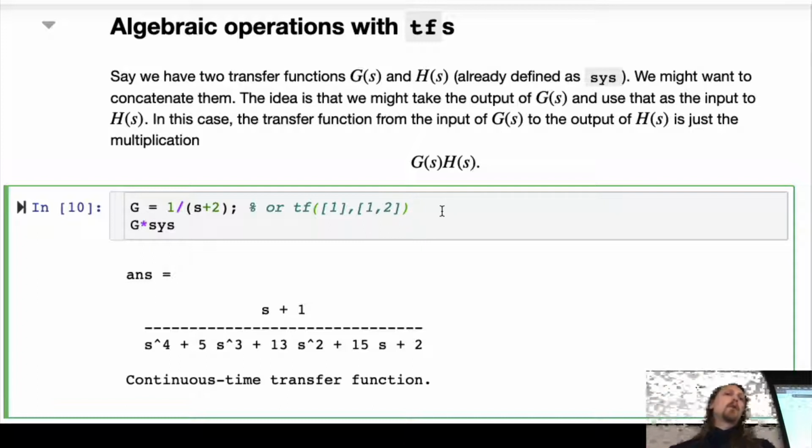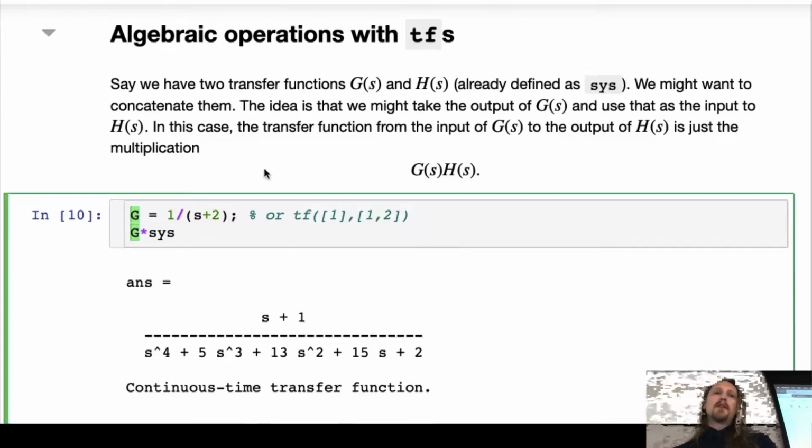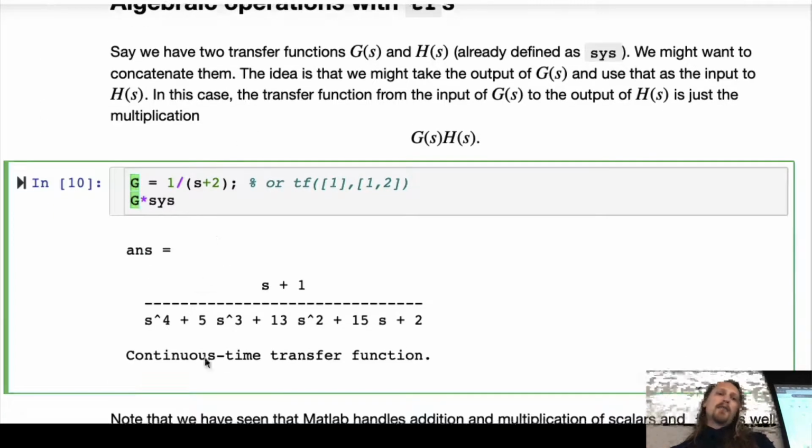I just pulled this transfer function out of the air; we just needed a G. So say we had a G, and this is what it is. Then we can multiply G and H, where H is the sys from above, and it'll return a nice transfer function object to us.